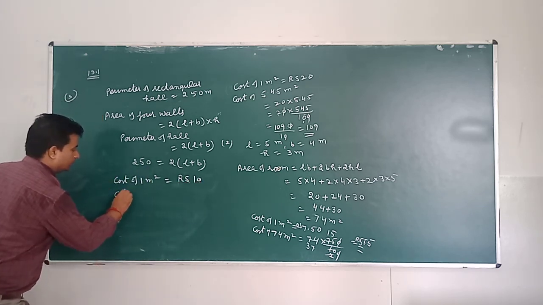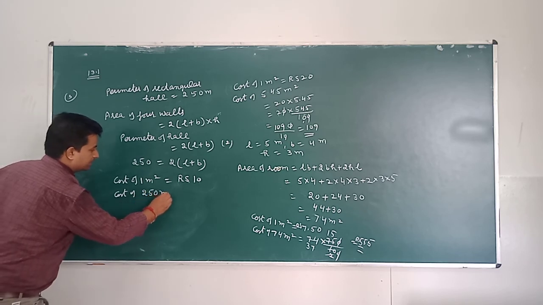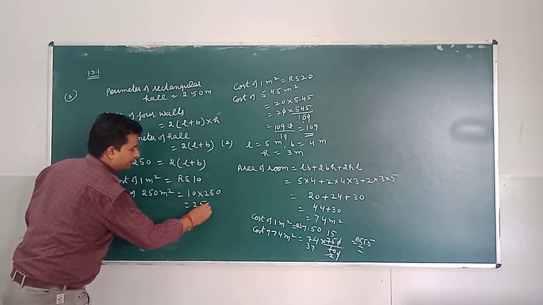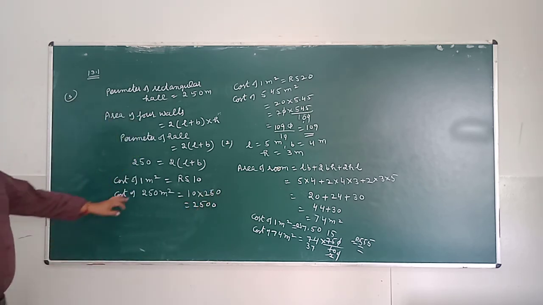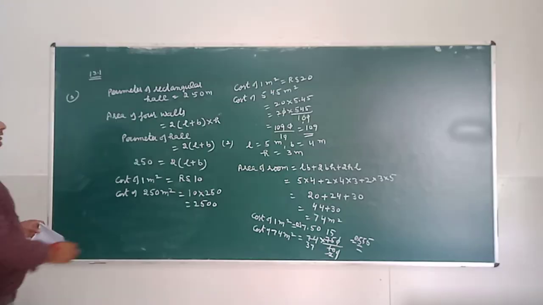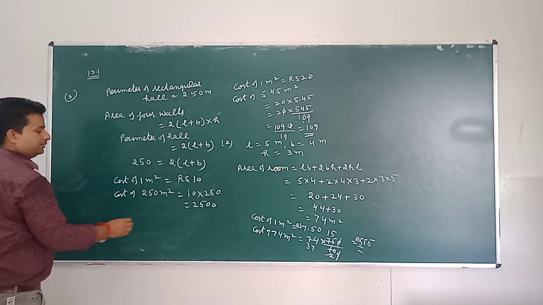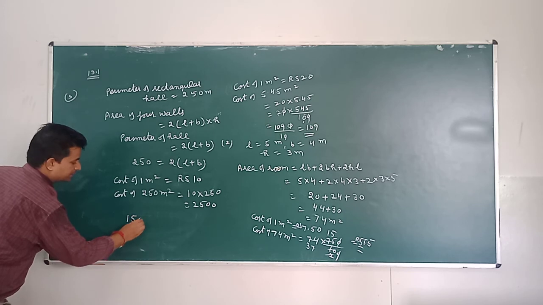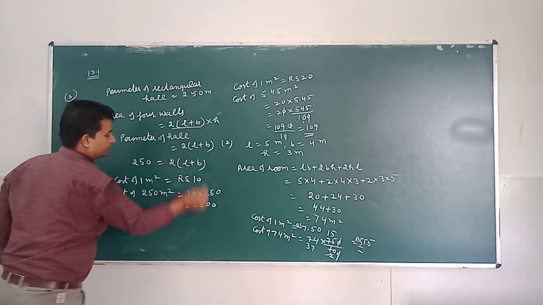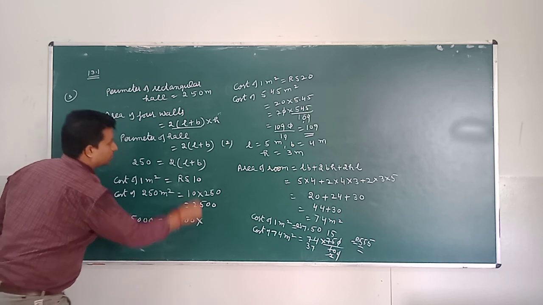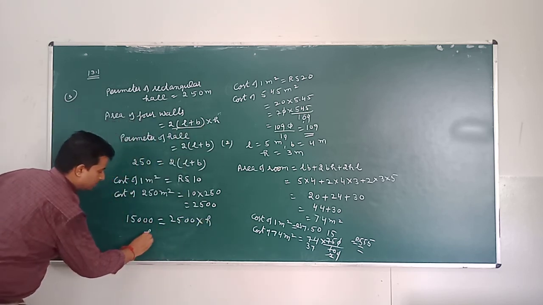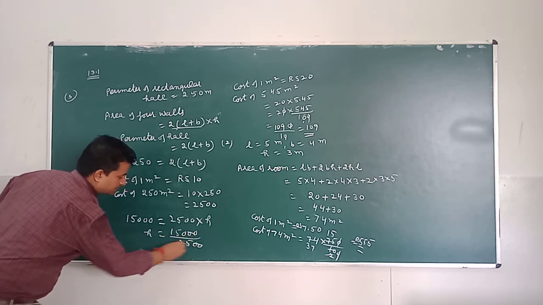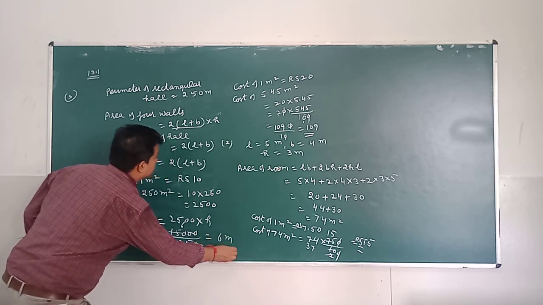So cost of 250 meter square is 10 into 250, which is 2500. We are required to find the height. The total cost is 15,000. The value of this is 2500, the cost of painting this. So H is 15,000 upon 2500. It cancels out. So the height is 6 meter.